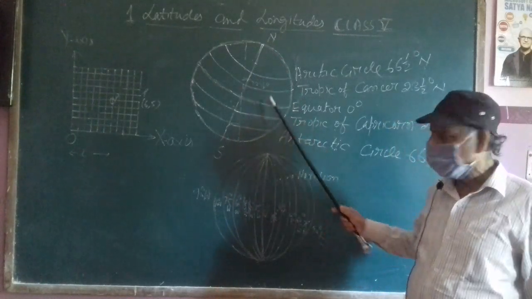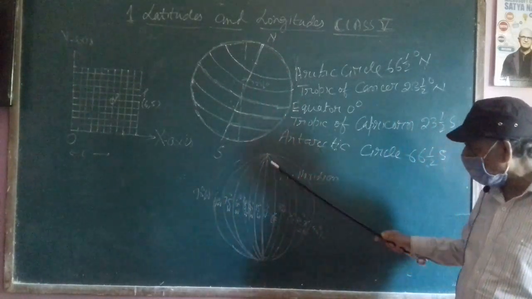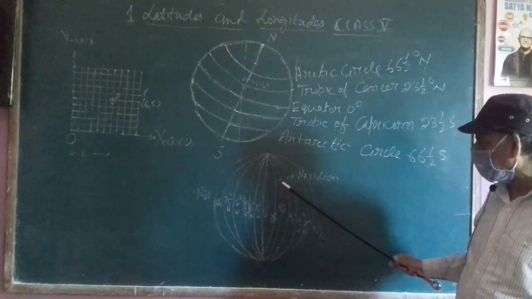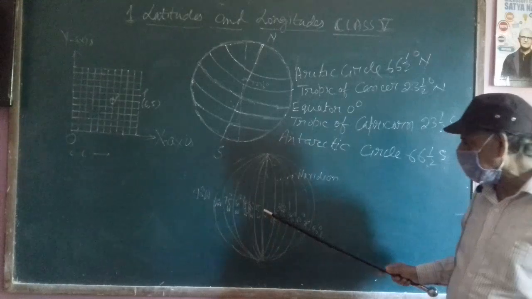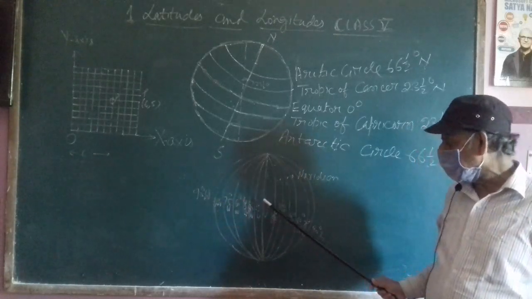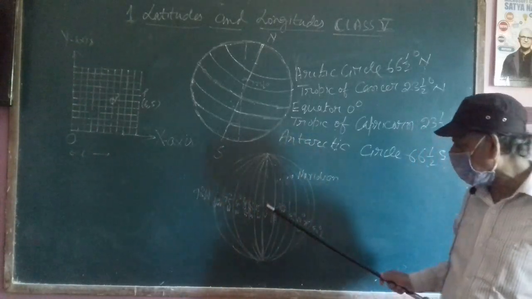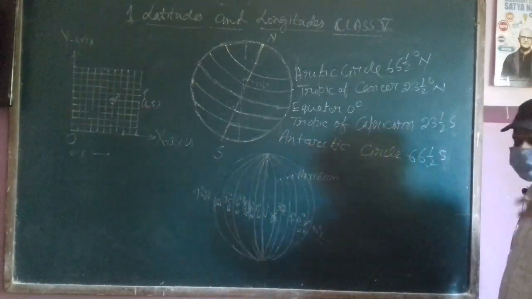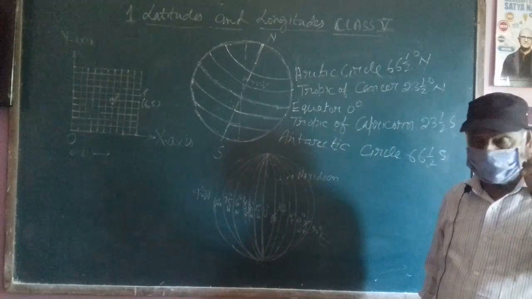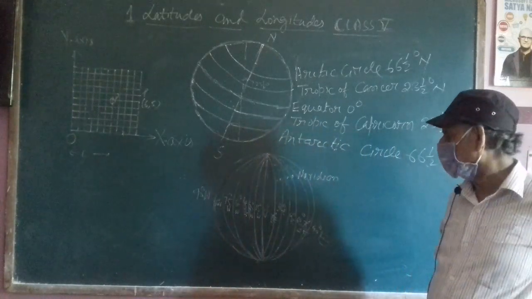Both are imaginary. This is called prime meridian. Prime meridian is 0 degree, and there are 180 in the eastern hemisphere and 180 in the western. This is the western hemisphere and this is the eastern hemisphere. So in total there are 360 longitudes.